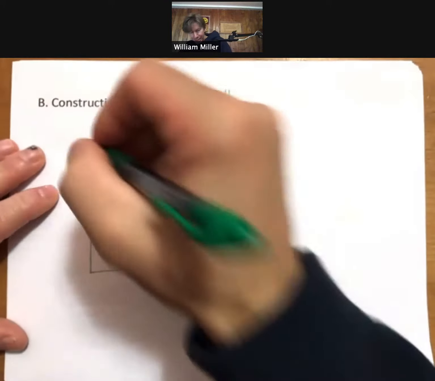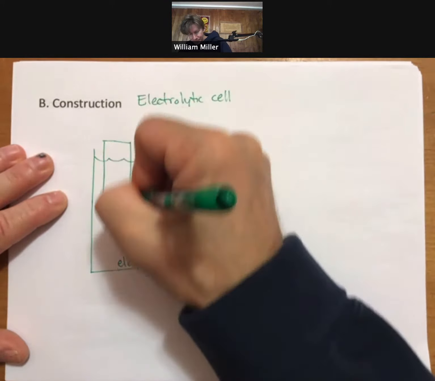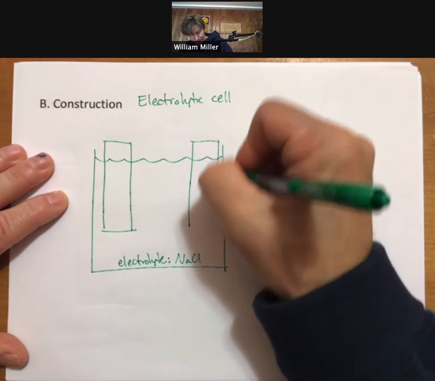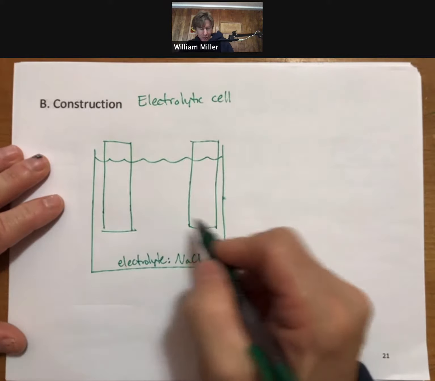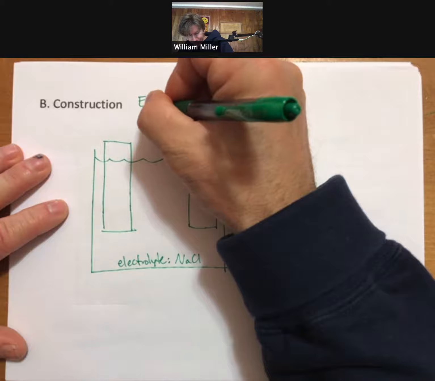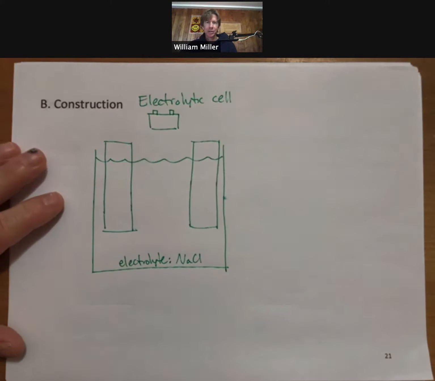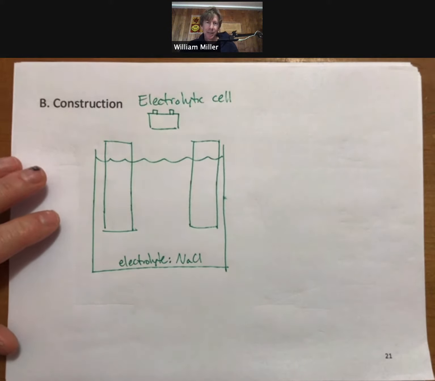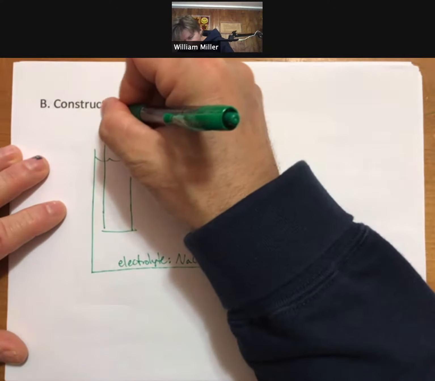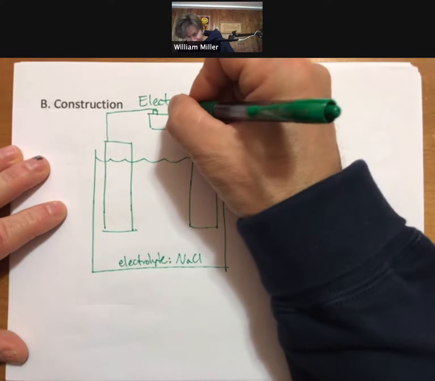And you'll have two electrodes, I'll draw them nice and big here, and up here you'll have a power supply. I will typically draw the power supply in the shape of a car battery, and then connect it to the two leads on the car battery.